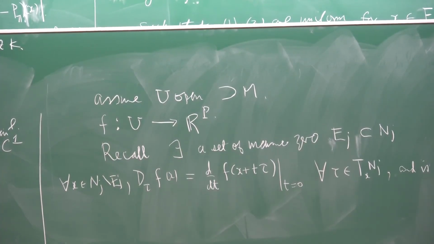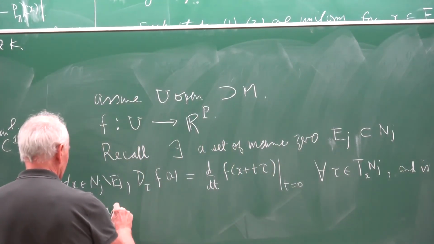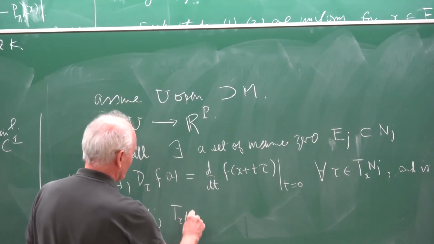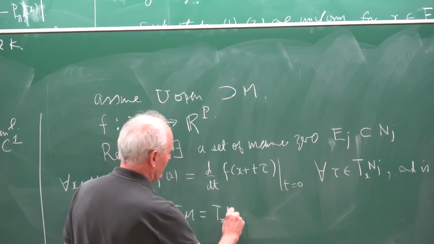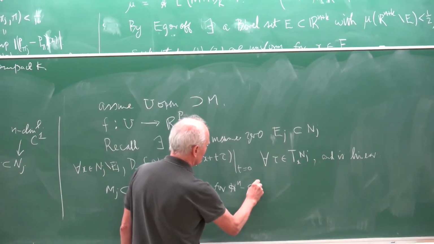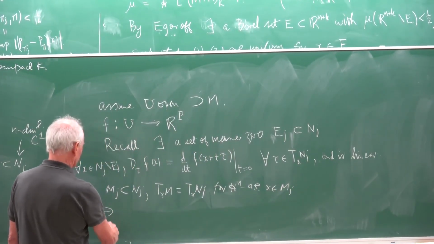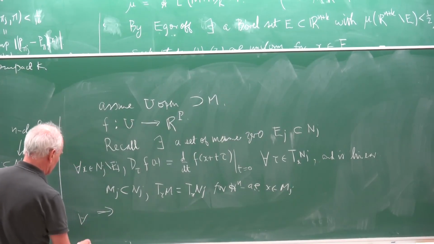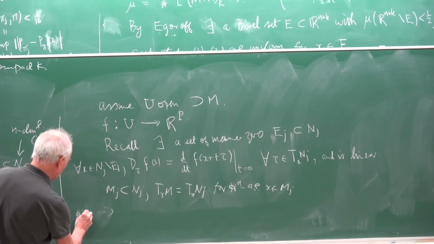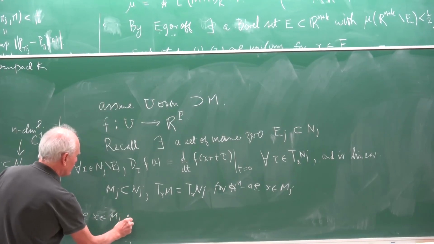We already did that. So now, this is great because our M_j is contained in N_j, and T_x M is equal to T_x N_j for H^n almost every x in M_j. So that means that for almost every x in M_j, we've got a similar thing.